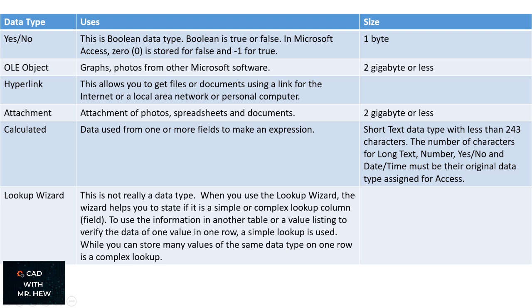A simple lookup is used to use the information in another table or a value listing to verify the data of one value in one row, while you can store many values of the same data type on one row using a complex lookup, right?